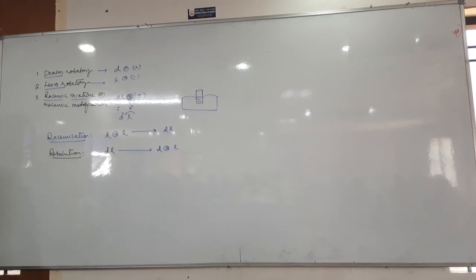It is denoted by DL or plus or minus. A racemic mixture is optically inactive due to external compensation.